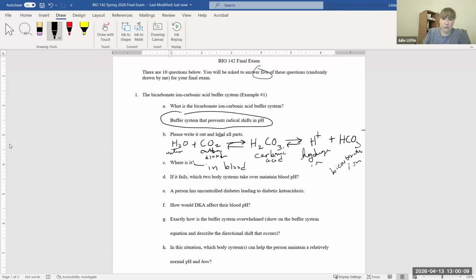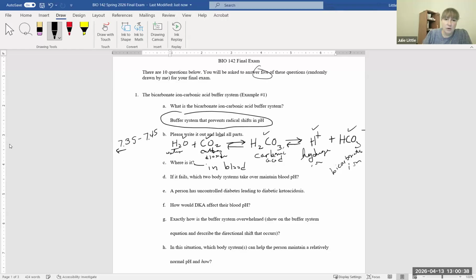In your blood, you have water, you have carbon dioxide dissolved, and you have carbonic acid and hydrogen ions and bicarbonate ions. So these are all in the blood, and it's in equilibrium, so it's going back and forth to absorb hydrogen ions or release hydrogen ions that are necessary to keep our blood pH, because this is a side story, our blood pH is supposed to be between 7.35 and 7.45.